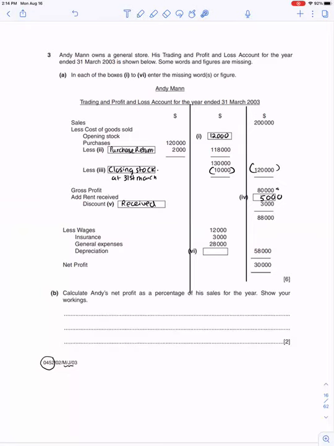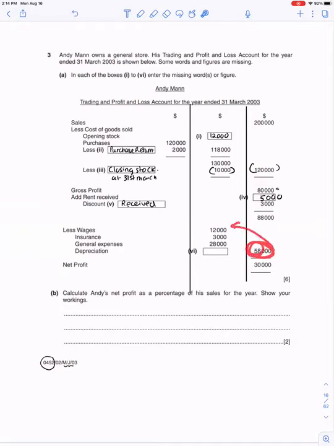So now we've already done this. Gross profit, add the other income, less the other expenses. Now if I less the expenses, the total of expenses is coming up to 58,000.